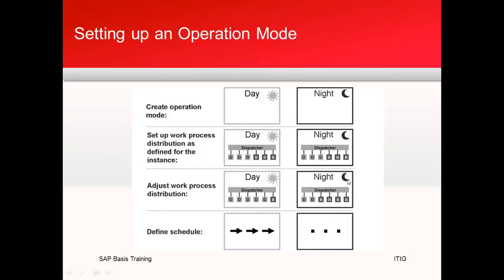So, setting up an operation mode is basically a 3-step process. In the first step you create an operation mode using RZ04. Then in the second step you set up the work process distribution as defined for the instance. Then you adjust the work process distribution and you define the schedule.